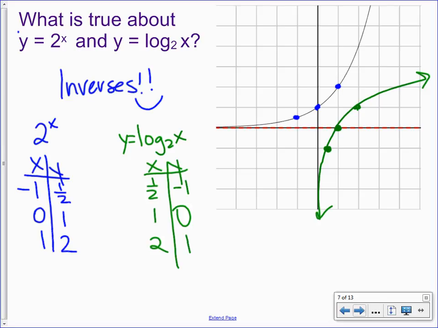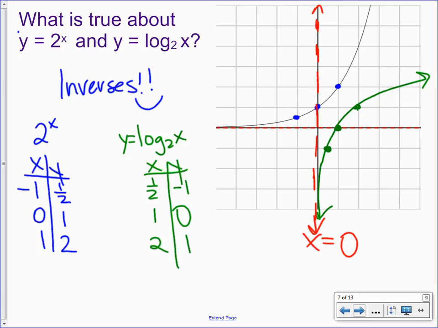Okay. There is our logarithm. Now, our exponential graph has a horizontal asymptote. What's going to be true about our logarithmic graph? It has a vertical asymptote at x equals 0. So this is what I want you to notice about the logarithmic graph here.